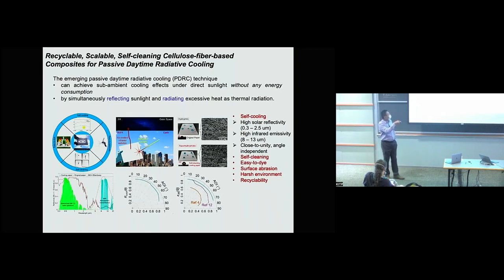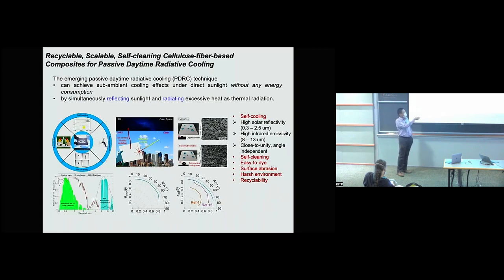In this spectrum here, I just want to show you the mechanism of passive radiative cooling. For the visible light range, such material should own a really high solar reflectivity. And for the first transmission window of the Earth, between 10.8 and 13 microns, such material should have really high emissivity.